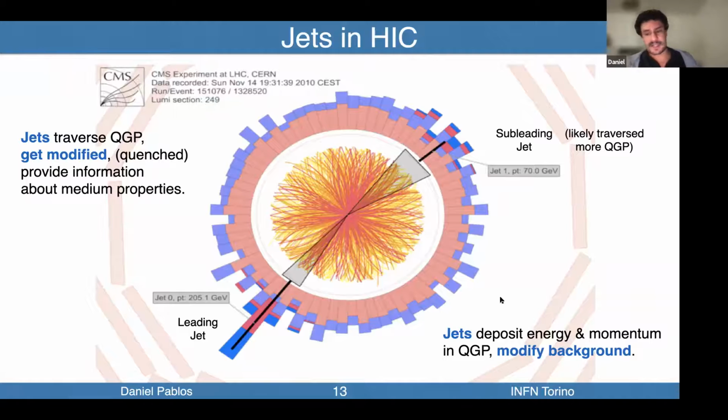As the jets deposit energy and momentum in the QGP, they can modify the background in their turn. Here you could say that this jet has more energy than the other one, so it's likely that it traverses more QGP. However, this would be true if jets didn't have a substructure. But we know that the traversed length is not the only thing that determines energy loss for a jet.